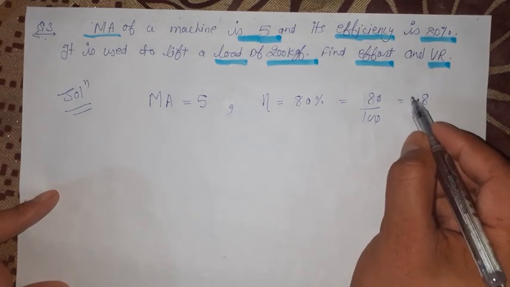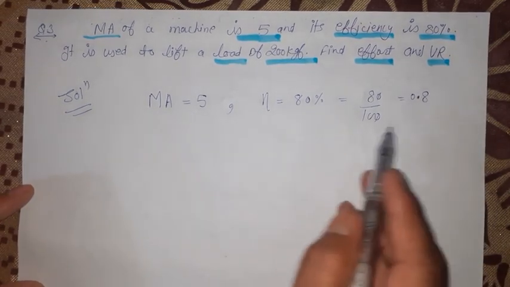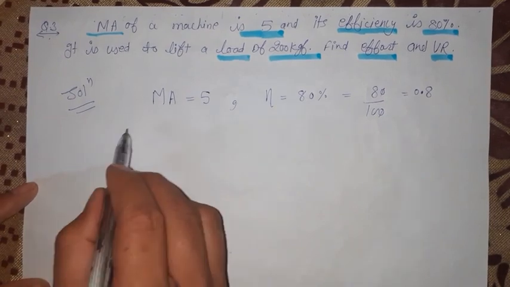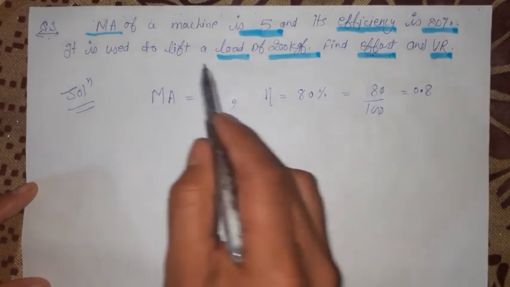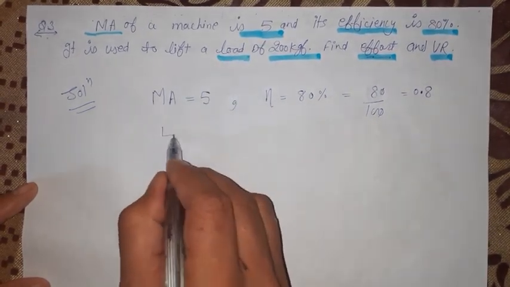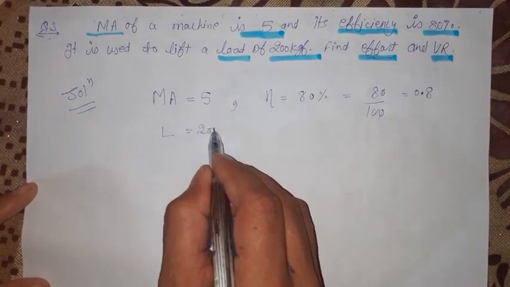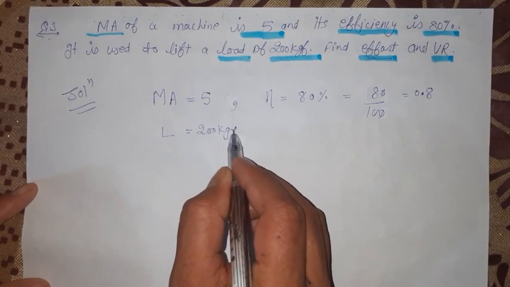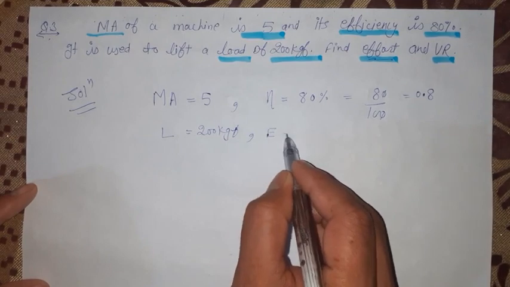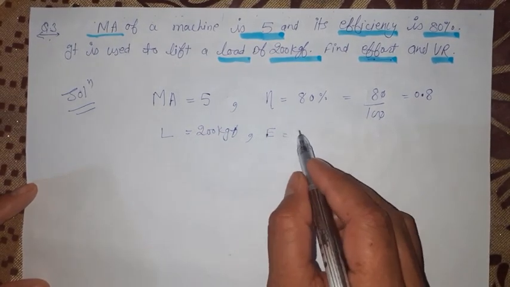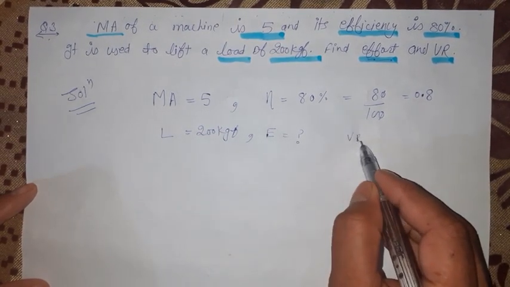So this is the efficiency over here. They are asking how much is the effort. The load is given to us, which is 200 kilogram force. This is the load, and we need to find out the effort.